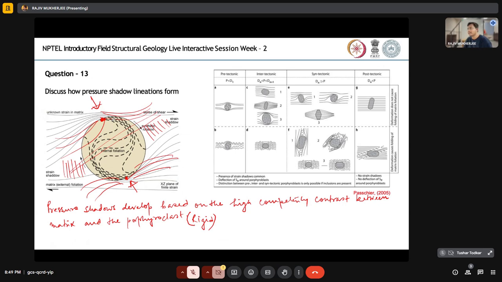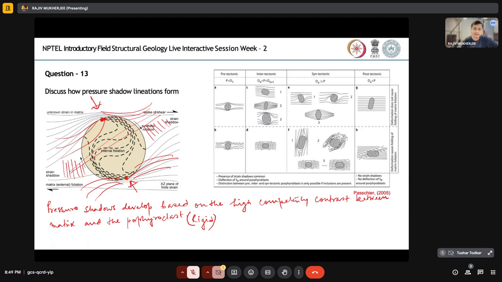Intertectonic porphyroblast means some kind of mineral growth has taken place intermediate in between two active deformation periods, and it generally cross cuts the previous foliation, but then again gets deformed at the second stage of deformation, right?